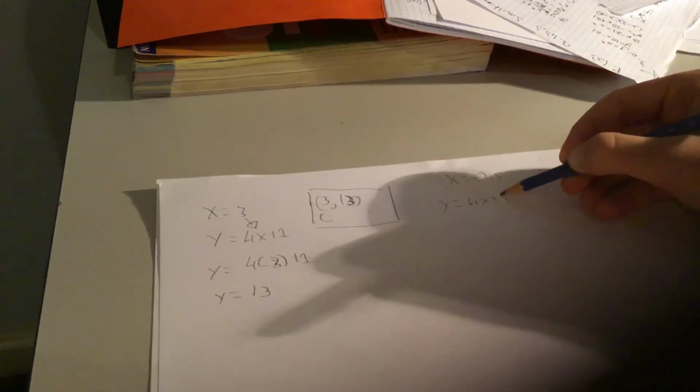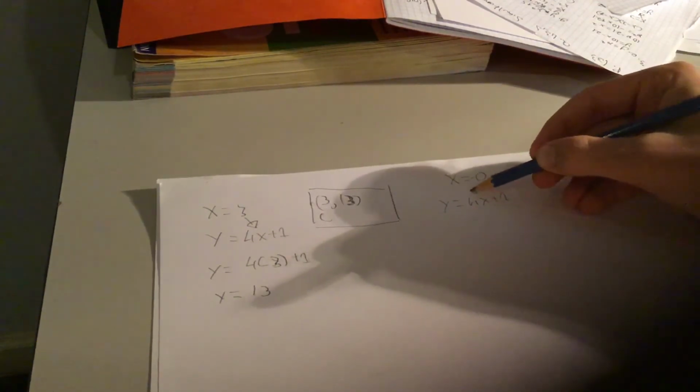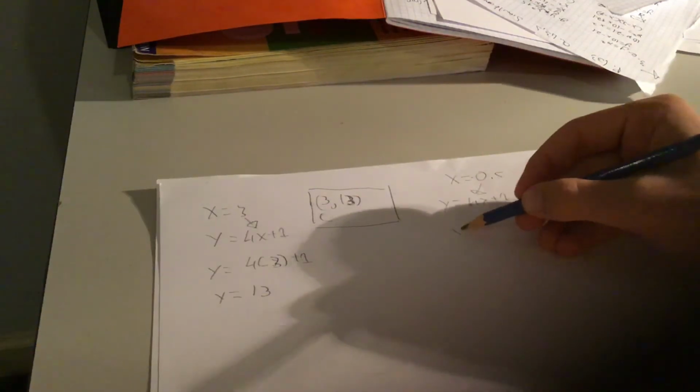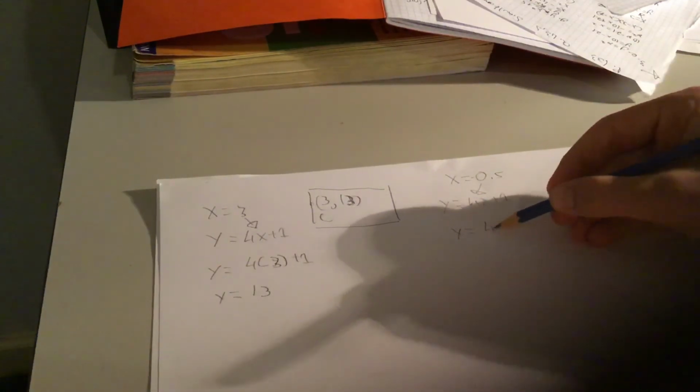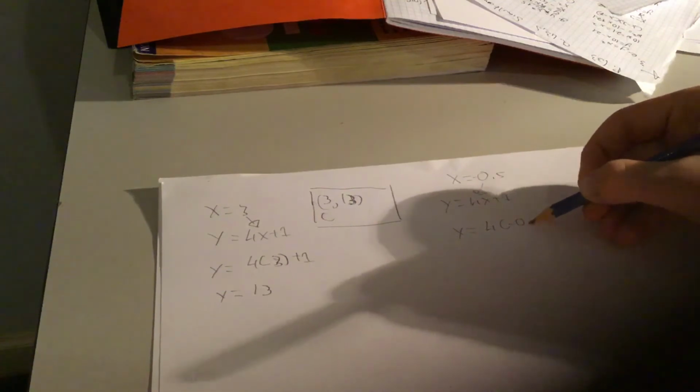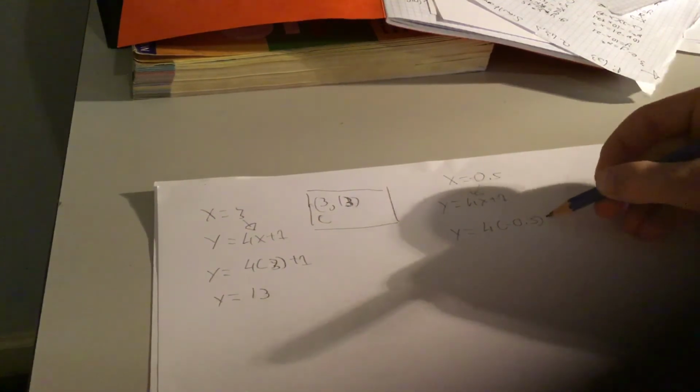The other x value you got was x equals negative 0.5. So again, you can just put it back into the equation. If y equals 4x plus 1 and x equals negative 0.5, we can solve it now because there's only one unknown, and that's y. So y equals 4 times negative 0.5, plus 1.